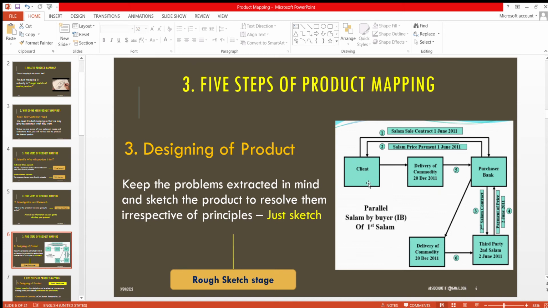This is the customer, this is the delivery of the commodity, this is the purchaser, this is the third party, and how the bank will give it through a salam contract, and how the Islamic bank will get that commodity, etc. So these are just rough sketches.